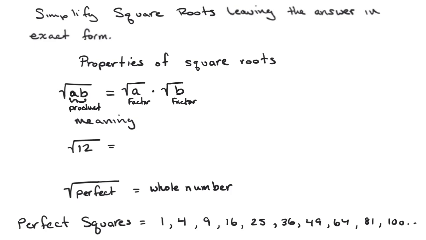In the problem down here, I'm just going to show you what this means. Our product is 12. I could write this as the square root of 2 times the square root of 6, or I could write this as the square root of 3 times the square root of 4.